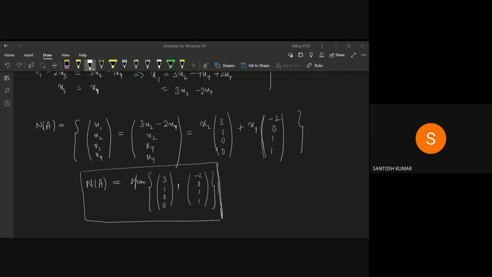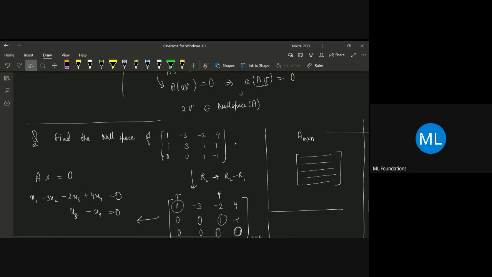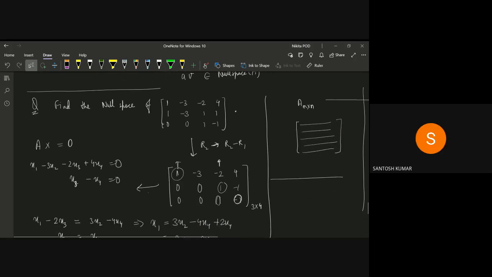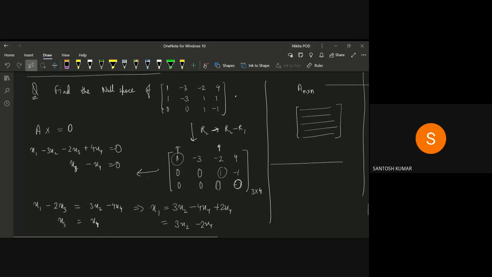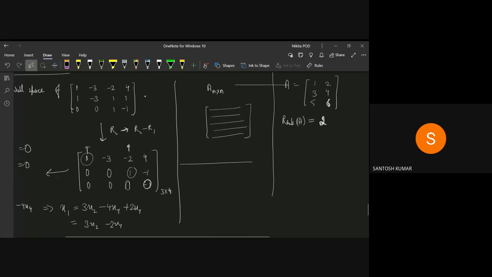Yeah, madam, dimension of null space is 2. Nullity is 2 here, yes. And the dimension of each basis vector is 4, equal to the number of columns of the given matrix. Okay, so number of pivots becomes the rank, once you convert the matrix to echelon form, the number of pivots gives you the rank, right?